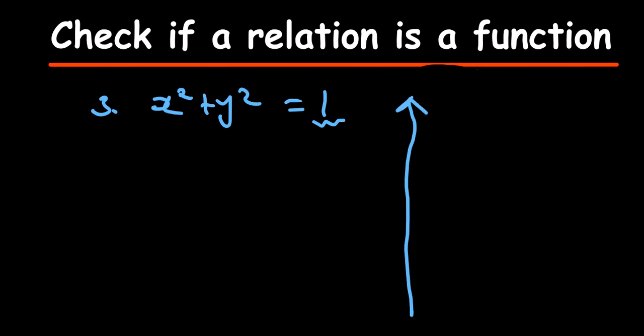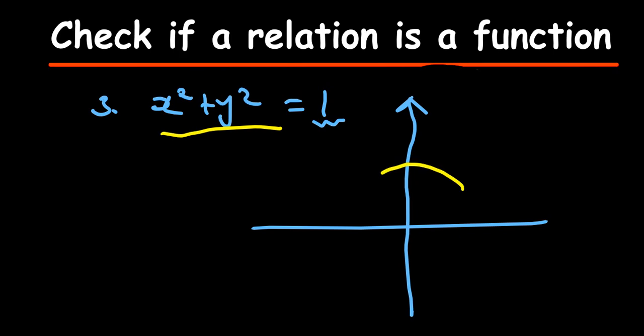So if this is my x-y plane, and I have this function here, the equation of a circle, it will be something like this. Now if I apply the vertical line test on this graph, how many times is that vertical line going to cut this curve?